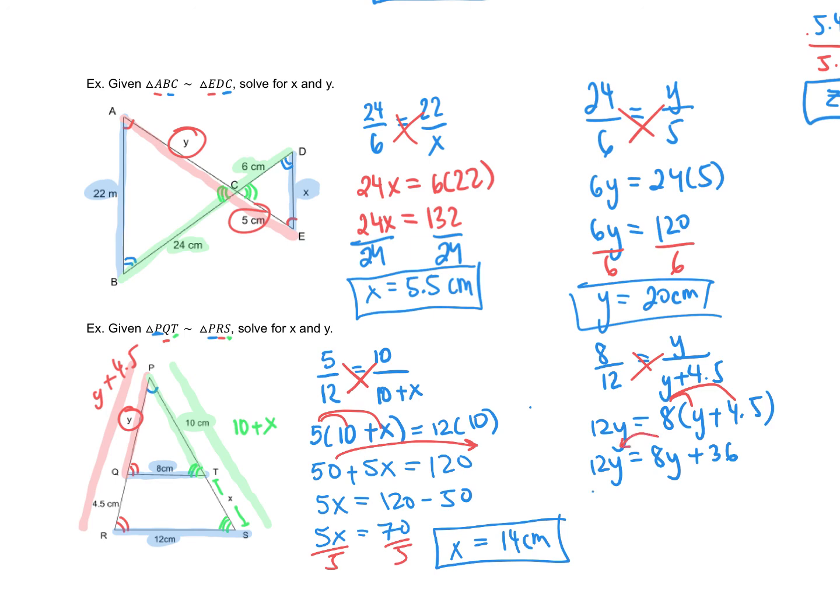And no problem, I can bring the 8y over and it becomes negative, because remember, when something moves over the equal sign, we switch its sign. So 12 minus 8 is 4. 4y equals 36. And when we divide both sides by 4, we get y equals 9 centimeters. And there we have it. Now just keep in mind, these triangles are not to scale.